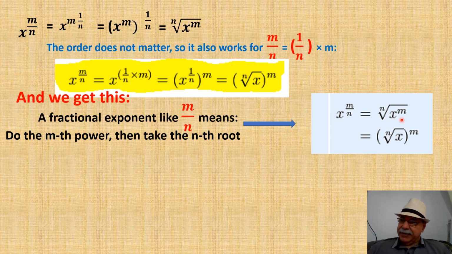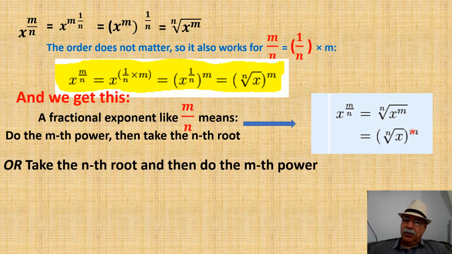That's why when I simplify this in order to get the result for the number, if I know the number, I put the nth root of x, all this in brackets to the power m. You understand this? You can try it. Or take the nth root and then do the mth power.